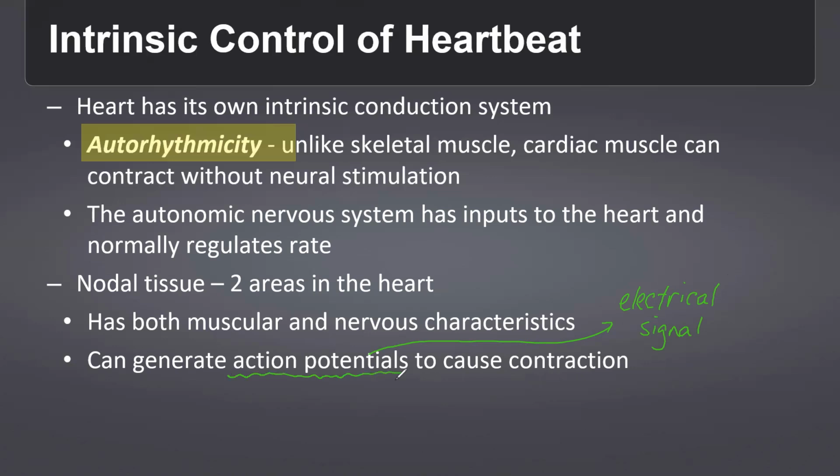And again, we will learn about action potentials in the nervous system later on, maybe in March. Nope, sorry, May, because it is March. And the two areas in the heart that create these electrical signals are the SA node and the AV node.